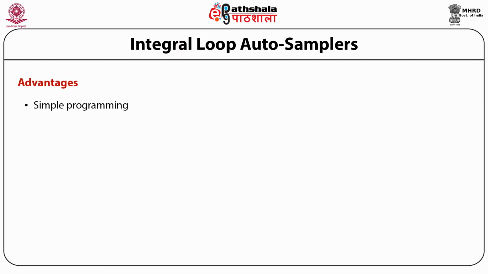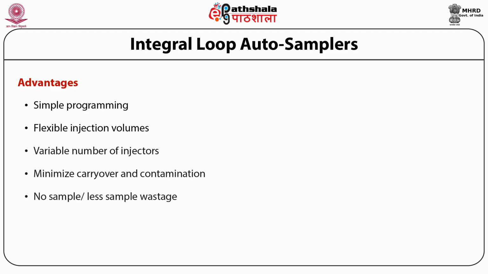Several advantages are offered by integral loop autosamplers. Most importantly, in this mechanism, no sample is wasted and it is therefore very important for trace analysis. Another advantage is that it is flexible for selecting different sample volumes and different numbers of injections, and can be programmed for accessing different sample vials.